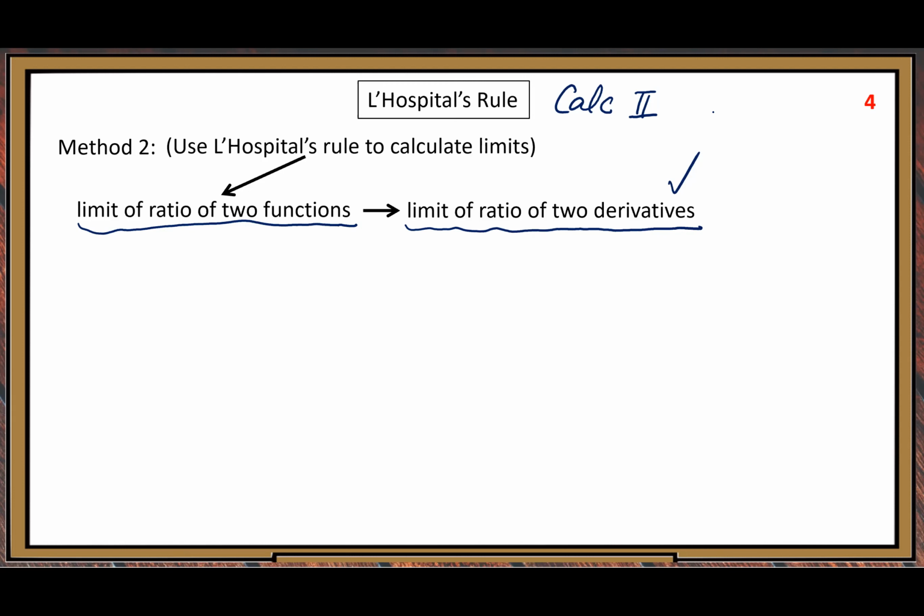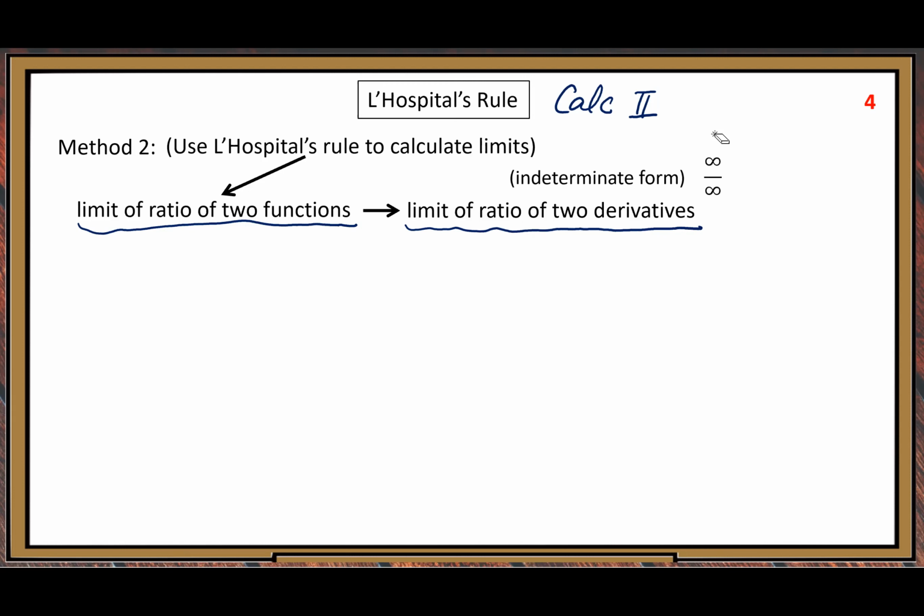That is the essence of L'Hopital's rule. But when you apply it, there are some conditions. Before you apply it, you need to check some basic conditions. The ratio should be an indeterminate form, not a determinate form. So what is the indeterminate form?